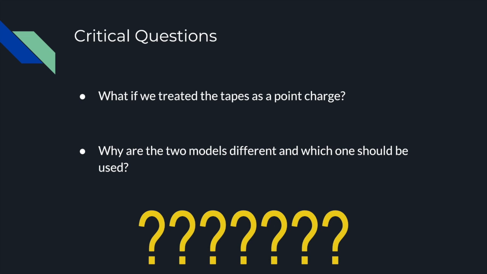And the reason that applies here is the tape isn't spherically shaped, and it's too large to be thinking of it as a point charge. There's too much going on. It's too complex to think of it as simple as a point charge. So it's more accurate to nature if we model it as a line of charge, which we did here.